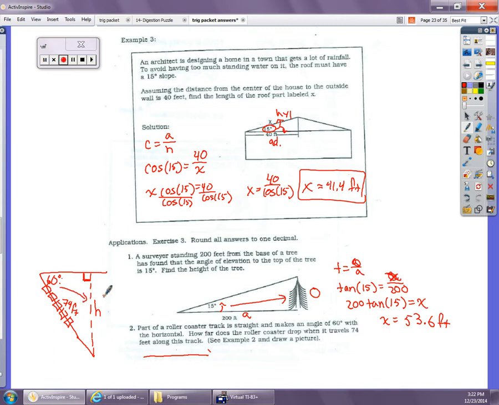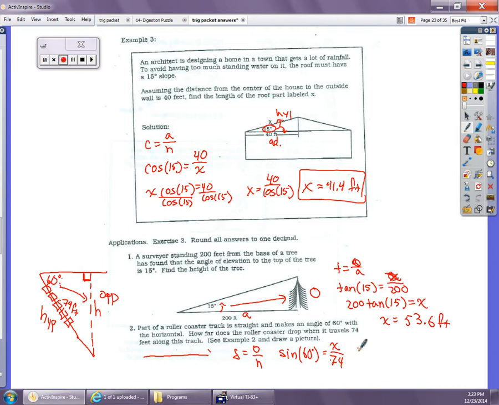So we have opposite and hypotenuse. Sine is opposite over hypotenuse. So the sine of 60 degrees equals opposite, which is x, over the hypotenuse, which is 74.